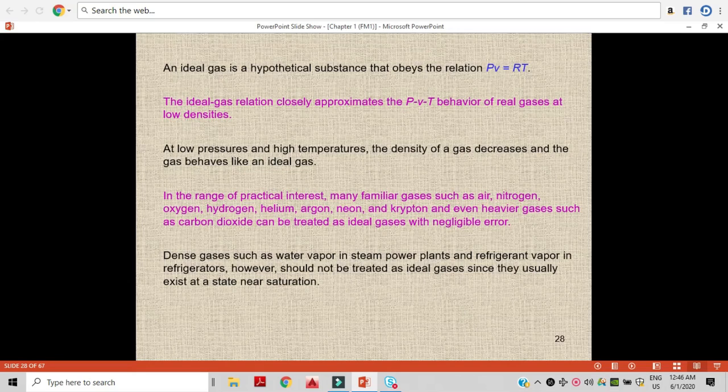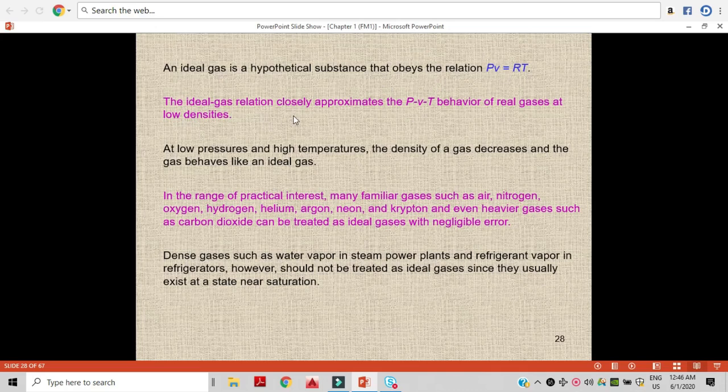There is no resistance. Real fluids are compressible and viscous, meaning both things need to be considered. So here is the difference between the real fluid and ideal fluid, and this equation is applicable for the ideal fluid.